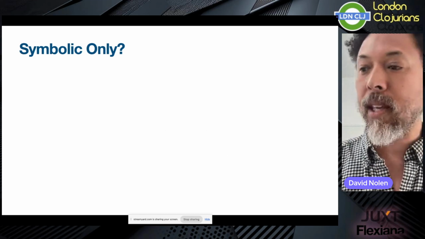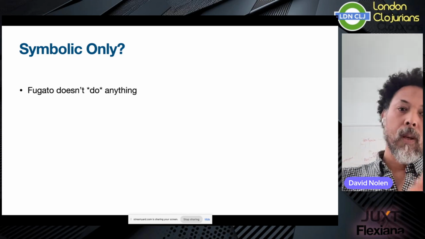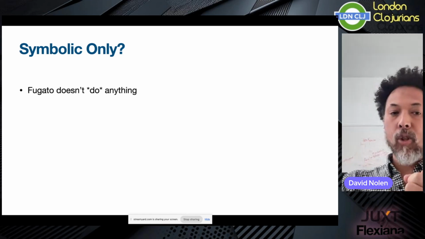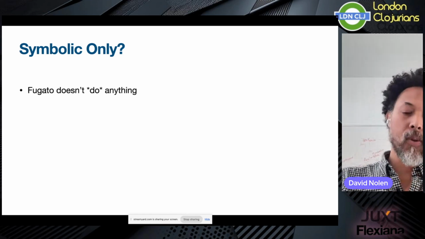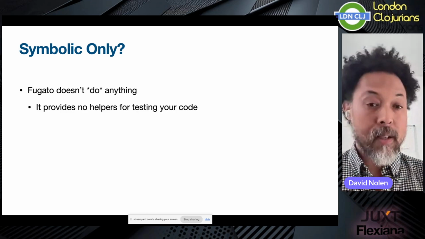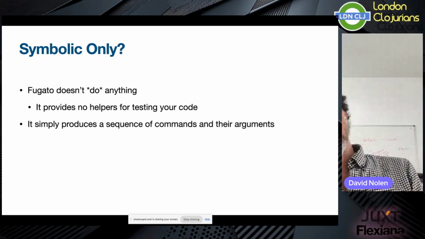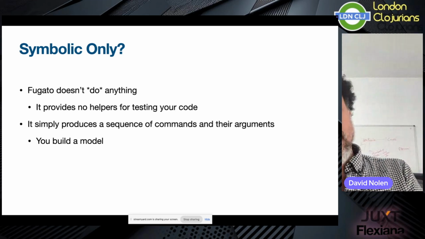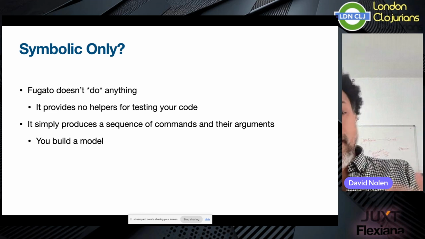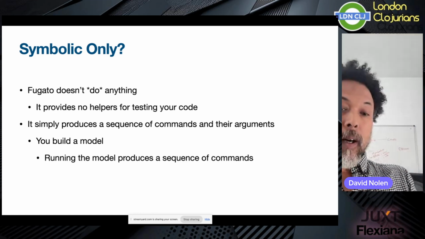So then, you might be asking, why symbolic only? Fugato doesn't do anything other than generate these data structures that represent commands. It provides no helpers for testing your code. It just produces the commands and the arguments that go along with those commands. You build the model, and we'll see this, we'll build the model for a very simple game.